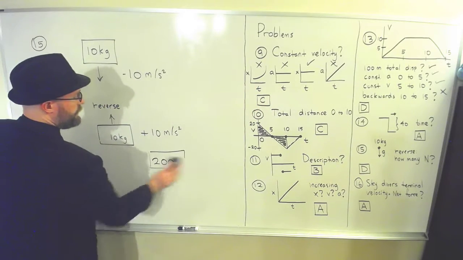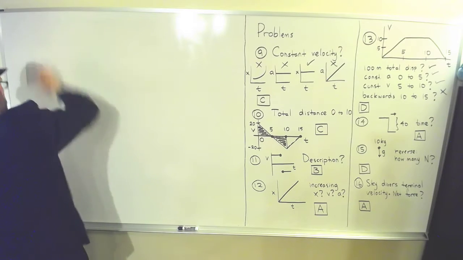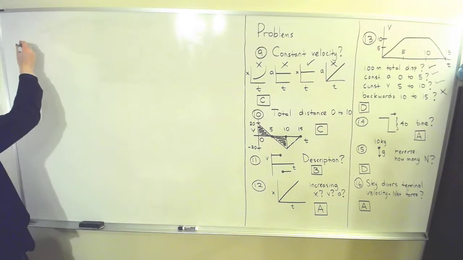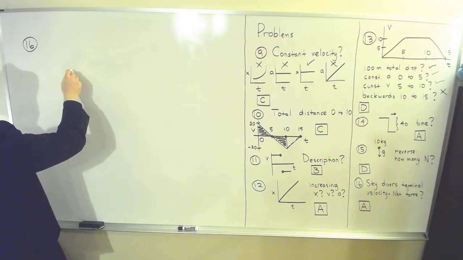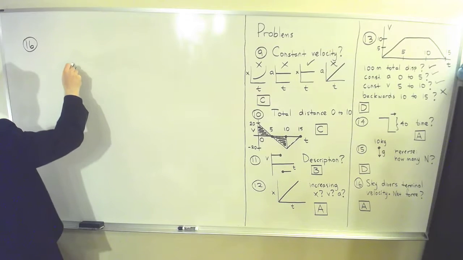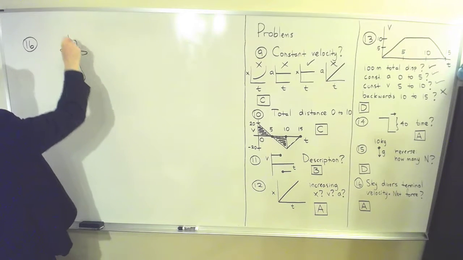And then the last one is a trick question. This is number 16, and it says, you have a big skydiver and a little skydiver. Here's my terrible artwork.